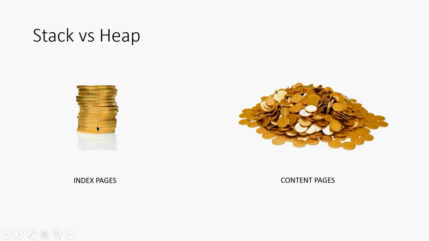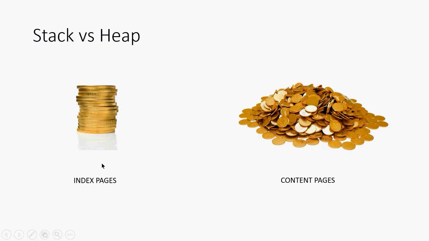Stack means things which are piled up. Piled up things are called a stack. Whereas heap means a random set of things which are there. Coming to the memory, it looks like this.